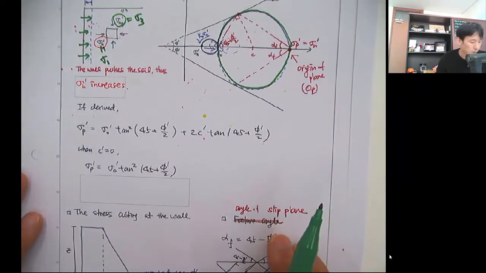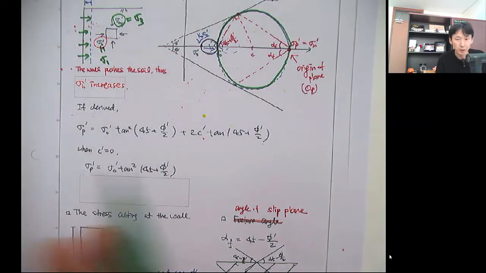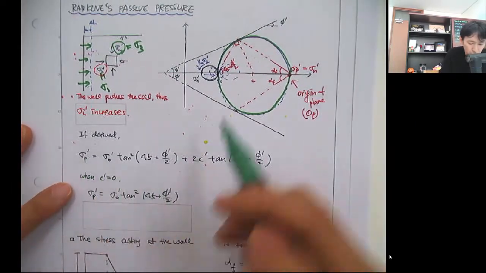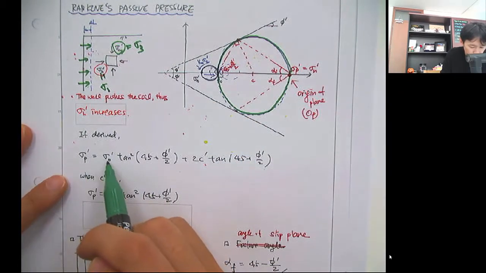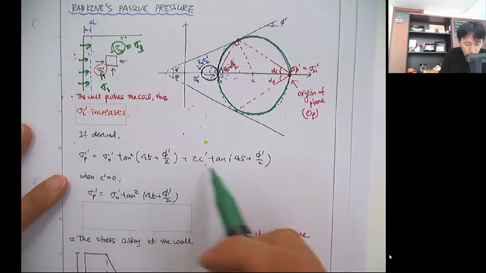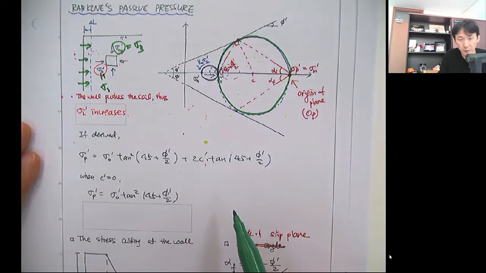Likewise, like we did before for the active pressure, we can also derive sigma p prime using some trigonometric relation, which is sigma naught prime times tangent squared of 45 plus phi over 2, plus 2c times tangent of 45 plus phi over 2.